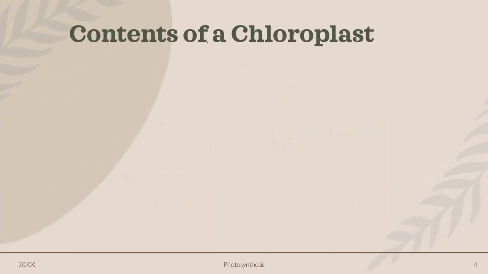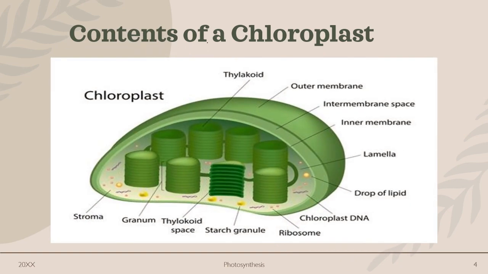Now we're going to learn that inside the chloroplast, there are a few things that were not mentioned in the previous diagram. You guys can see there's chloroplast DNA, there's a ribosome, and there's a starch granule. Now these three structures are new here. Now why is the chloroplast DNA present here? The DNA is also present in the plant cell, right?